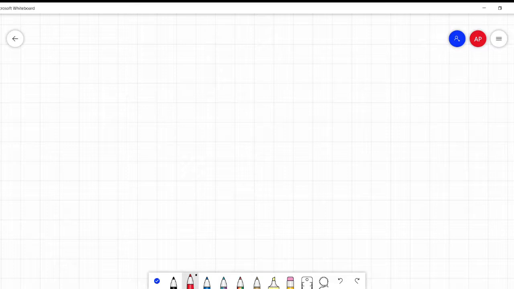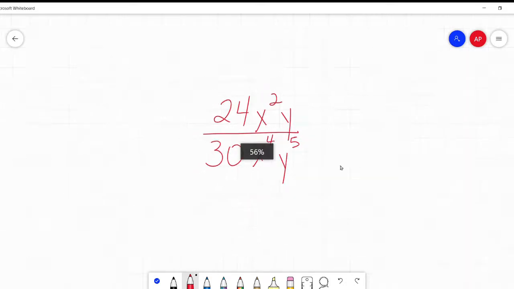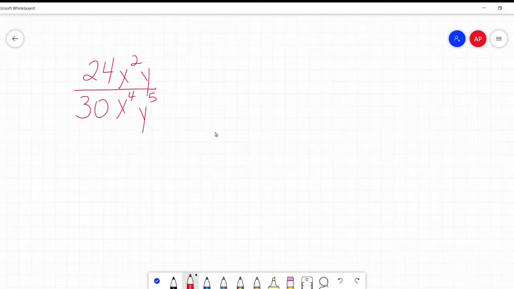So let's look at something like 24 x squared y all over 30 x to the 4th y to the 5th. Just to visualize it, I'm going to write everything out. First, 24 and 30. What goes into both 24 and 30? 6, right?